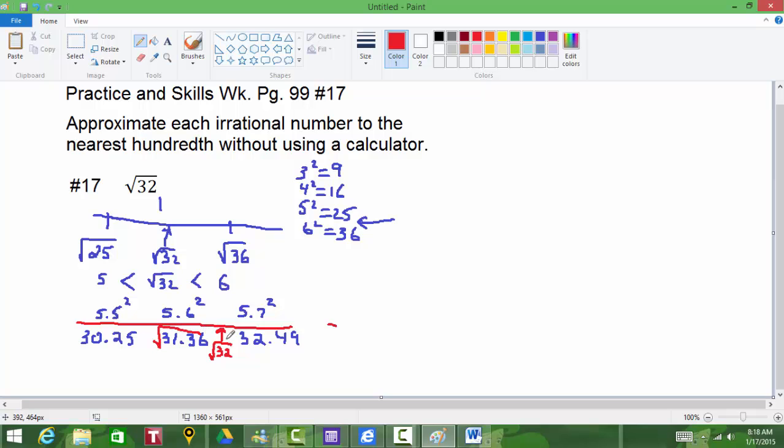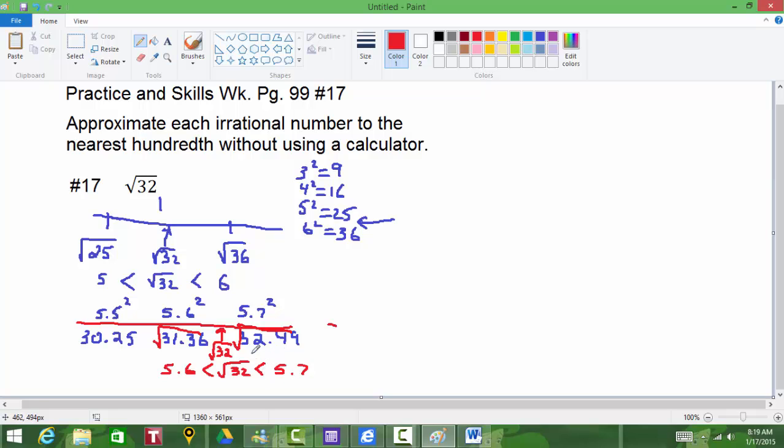Okay, so I'm trying to do the same thing we did before. Now I'm going to set up our inequalities just like we did before, and this is going to be 5.6 less than the square root of 32 less than 5.7.